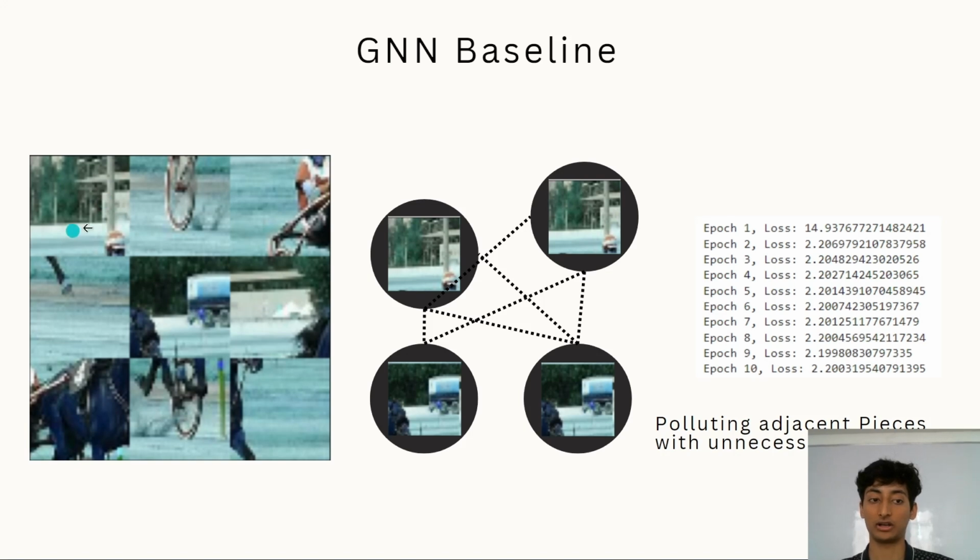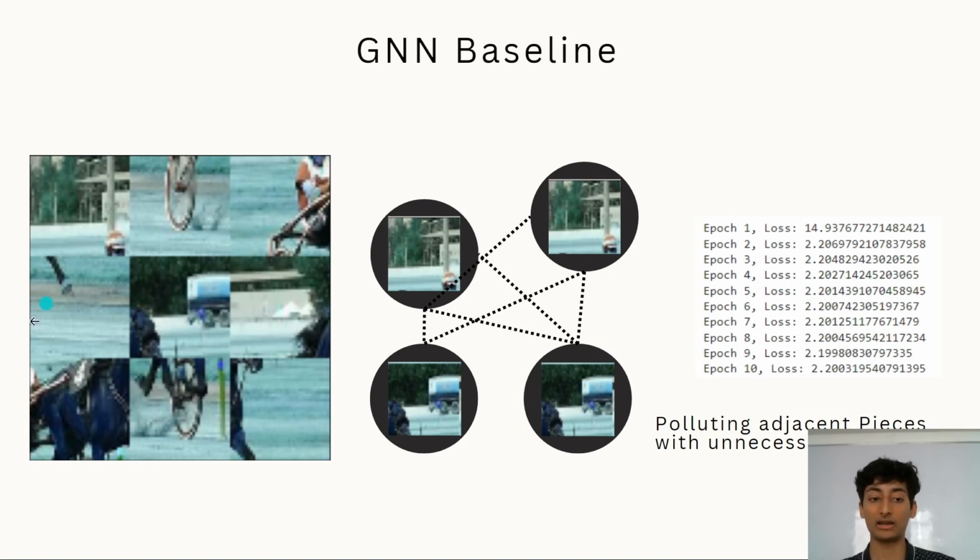For this particular piece as a node, it would be connected to this part and this part. Similarly, the center piece would have the most adjacent pieces, connected to all these different parts if you are keeping the diagonal edges as well. Otherwise, it would be connected to just these four pieces.